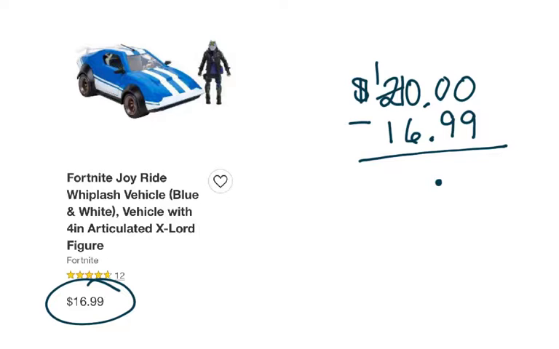I can only move that 1 or that 10 that I borrowed over one place. Then I can borrow from that, move it over one place to the right, borrow from that. 10 minus 9 is 1. 9 minus 9 is 0. 9 minus 6 is 3. My change would be $3.01.